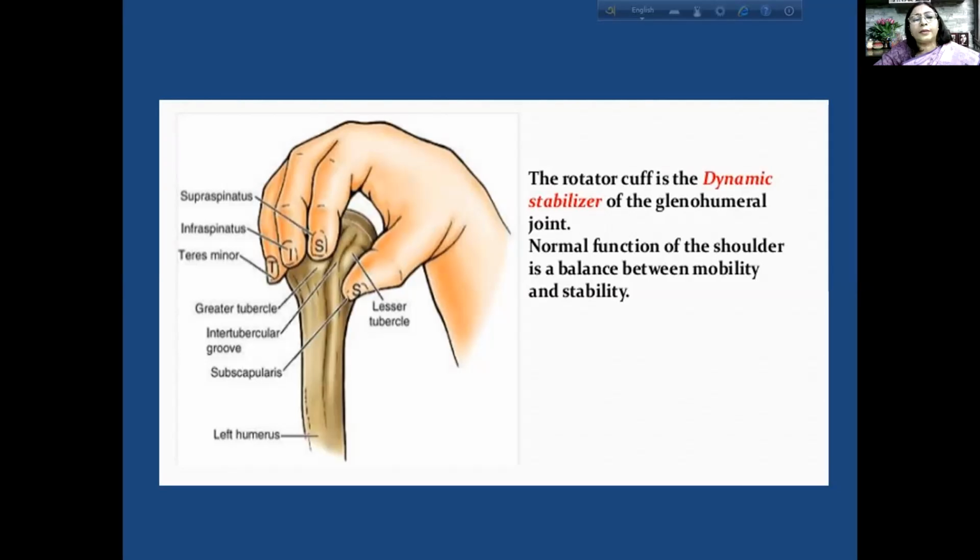The supraspinatus muscle helps initiate the abduction, which is ultimately taken over by the deltoid. The infraspinatus and teres minor muscles help in lateral rotation, whereas the subscapularis muscle helps in adduction and medial rotation.